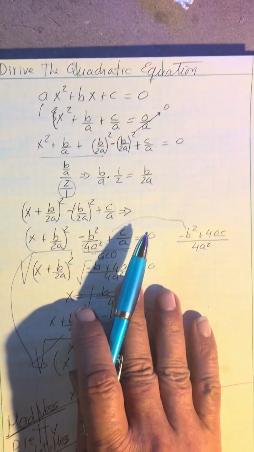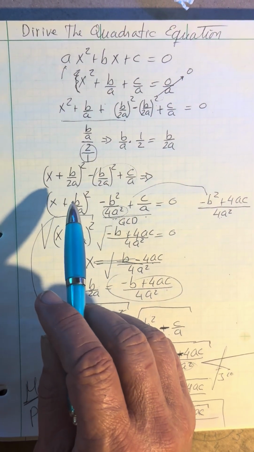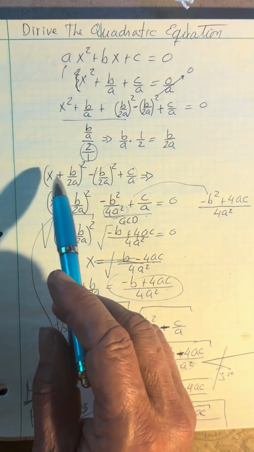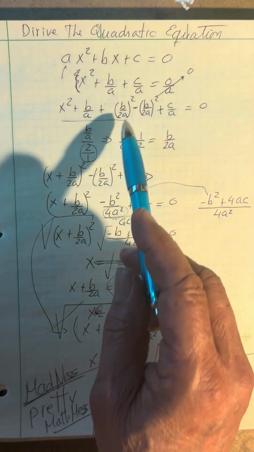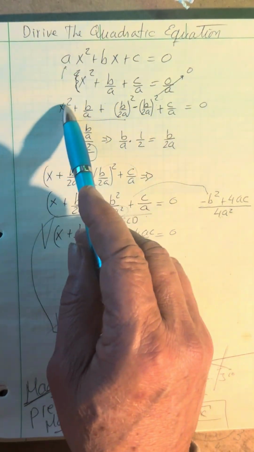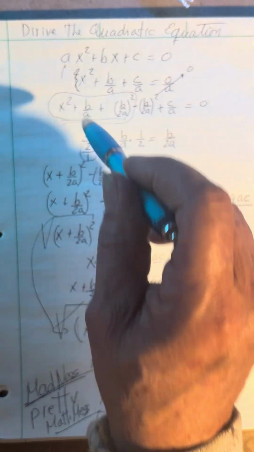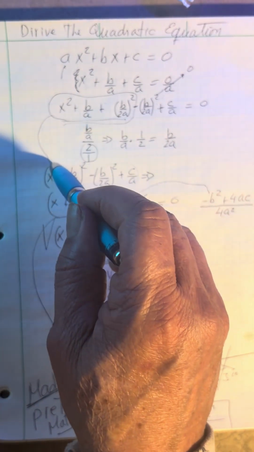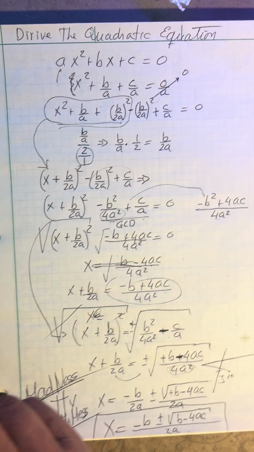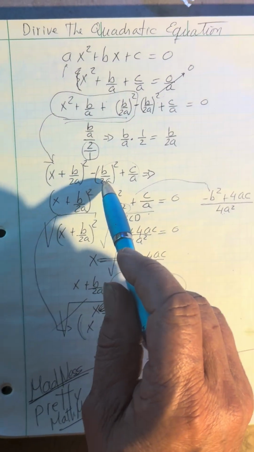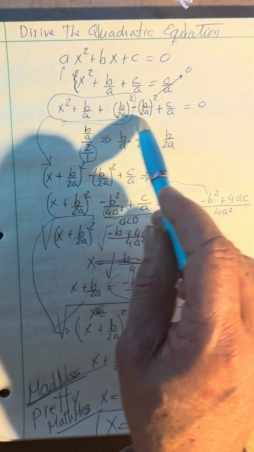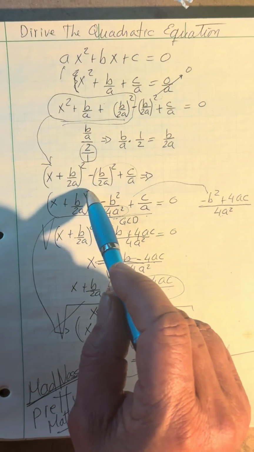Then we move over here, and we can change this into our perfect square, and we have to solve this stuff here.